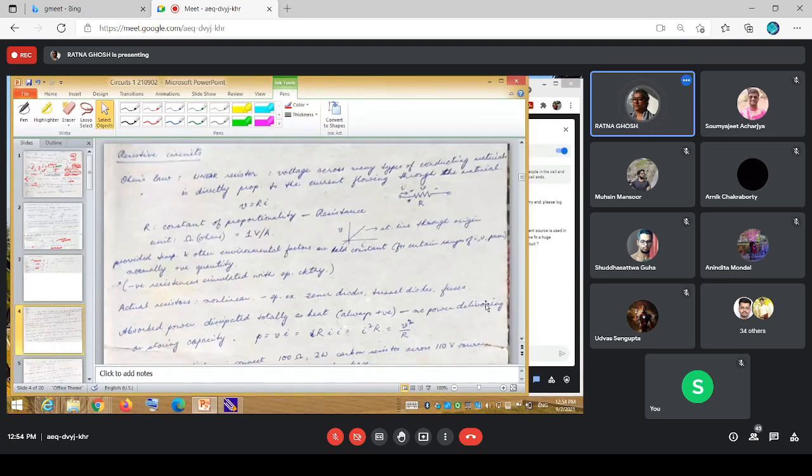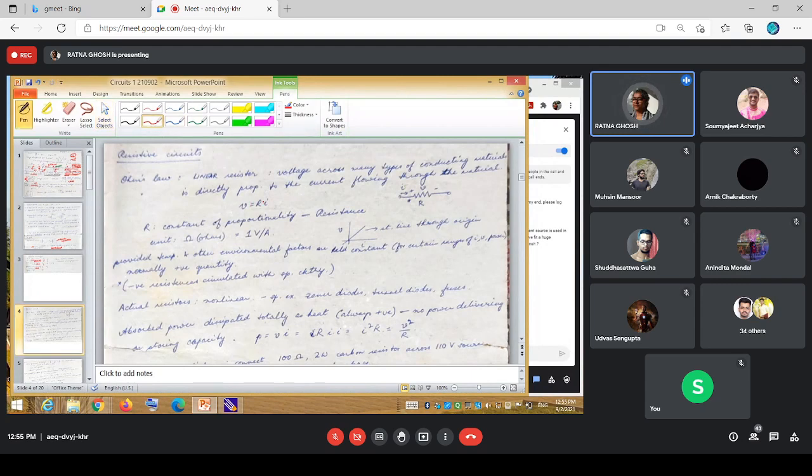Coming on to the passive elements, the first passive element and how we deal with it. The basic element, as you are already aware, is the resistive element or resistance, and Ohm's law defines the linear resistor. What this says is that the voltage across many types of conducting materials is directly proportional to the current flowing through the material.